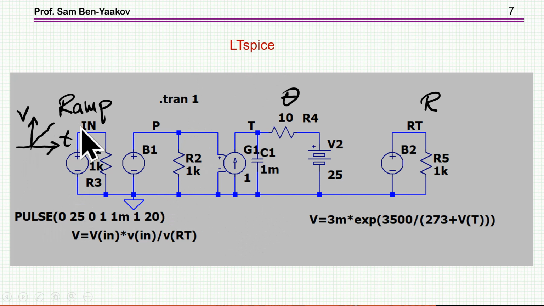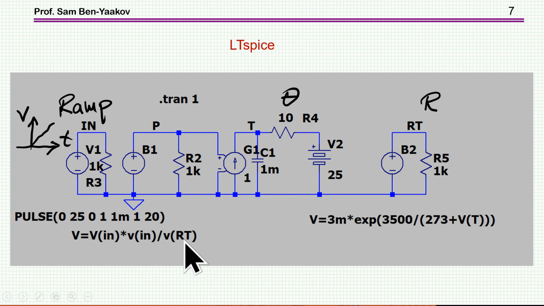Here it is. This is the voltage ramp. In this case, I've done it in a different way than I described for the equivalent circuit of a thermistor. What I'm doing here is calculating the power directly as the voltage squared over a voltage that represents the resistance. So this is V squared over R of the thermistor.